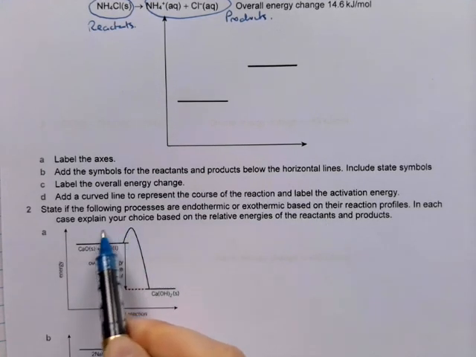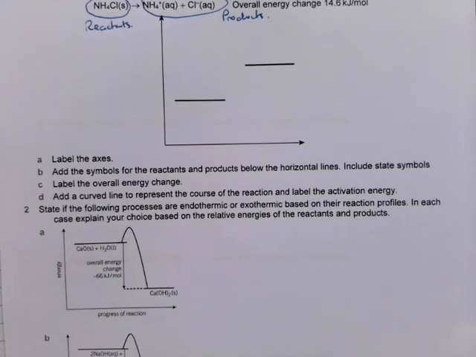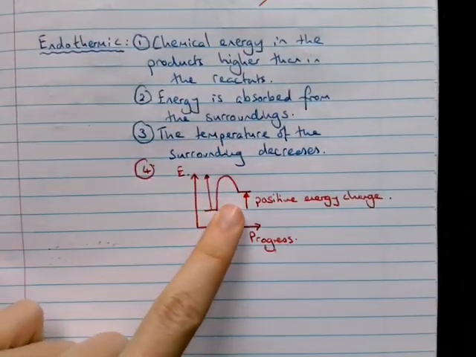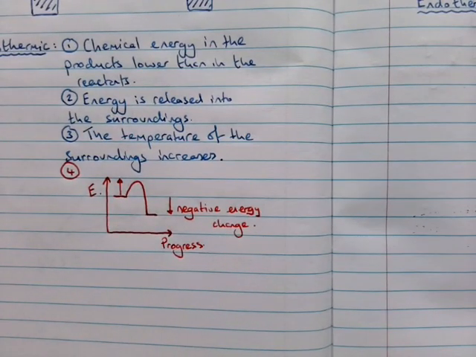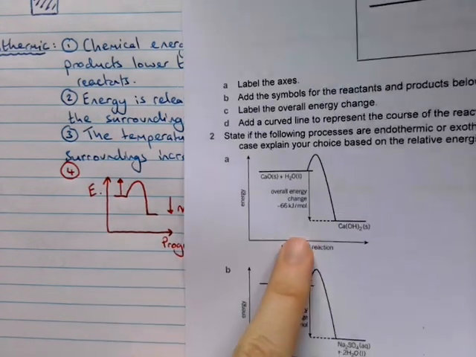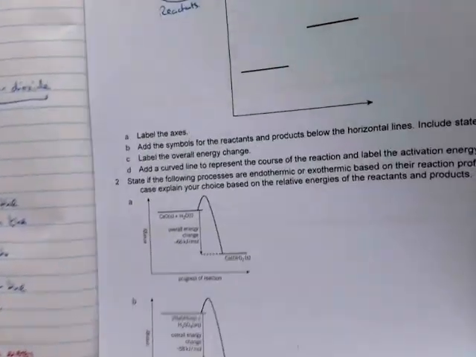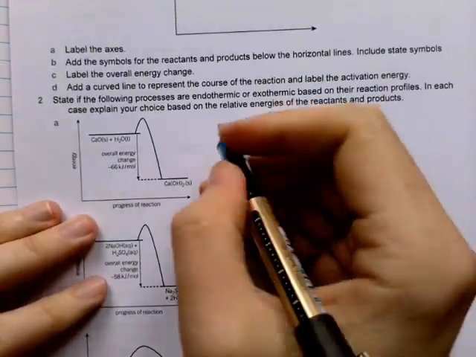So I'm going to look at my first reaction profile. Now, does that reaction profile look like this one for endothermic, or does it look like this one for exothermic? Well, I think it looks like this one, so I'm going to say that this is an exothermic reaction.